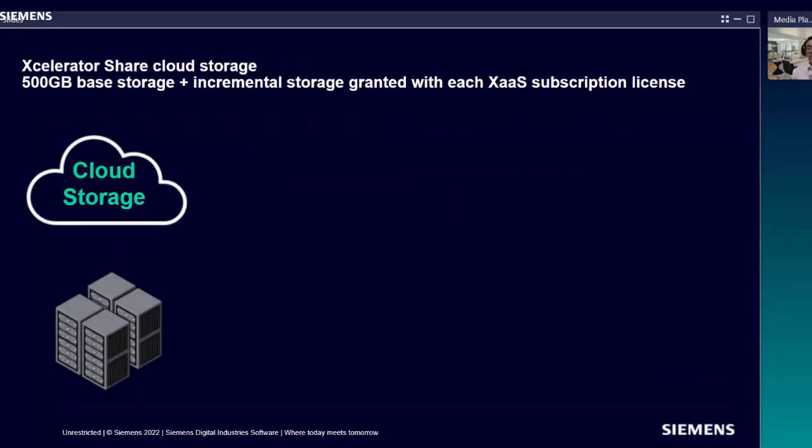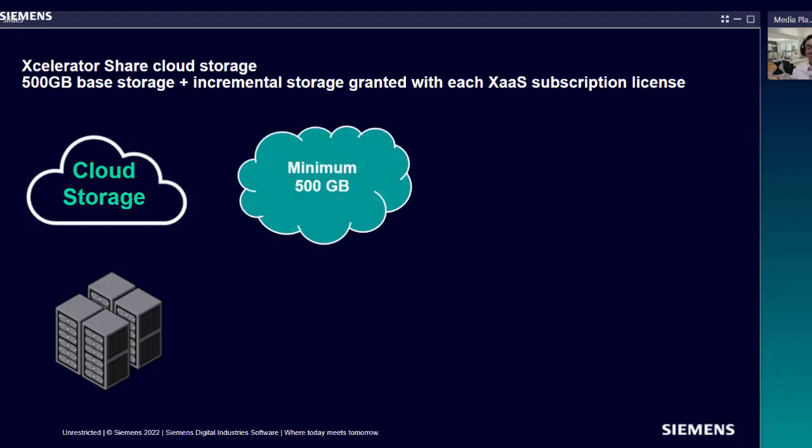All SaaS subscriptions include shared cloud storage for users to collaborate using Xcelerator Share. Now, each customer cloud account will start with a minimum of 500 gig of cloud storage shared across all users in the company.